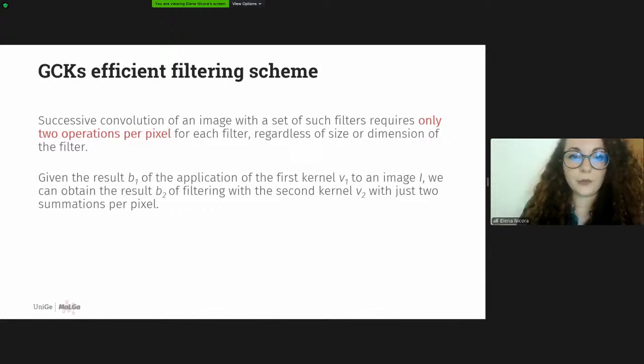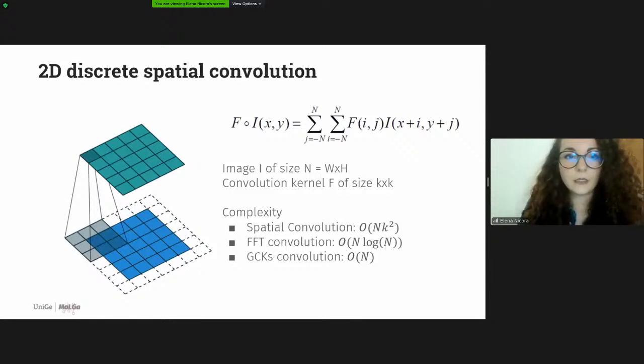So basically, if we have a set of filters, given the result of the convolution of the first kernel with the image, the result of the second convolution can be obtained with only 2 summations per pixel. So we don't have to replicate a complete convolution with all the kernels in the family.